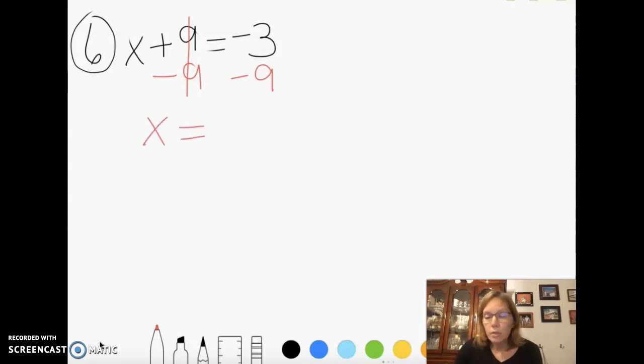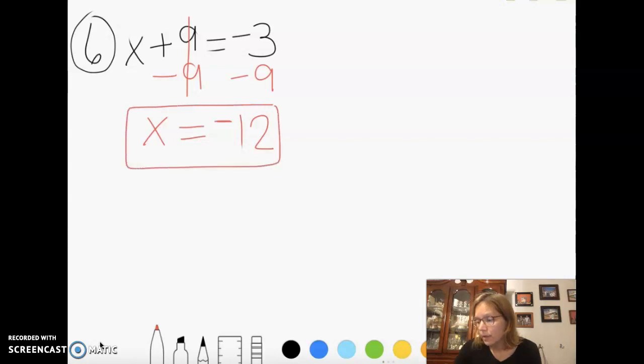And then I'm just going to add the numbers on the other side. Negative 3 minus 9. So when the signs are the same, I add. 3 plus 9 is 12. And the answer keeps whatever sign. So 3 and 9 were negative. My answer has to be negative. And that's my answer. Let's keep going.